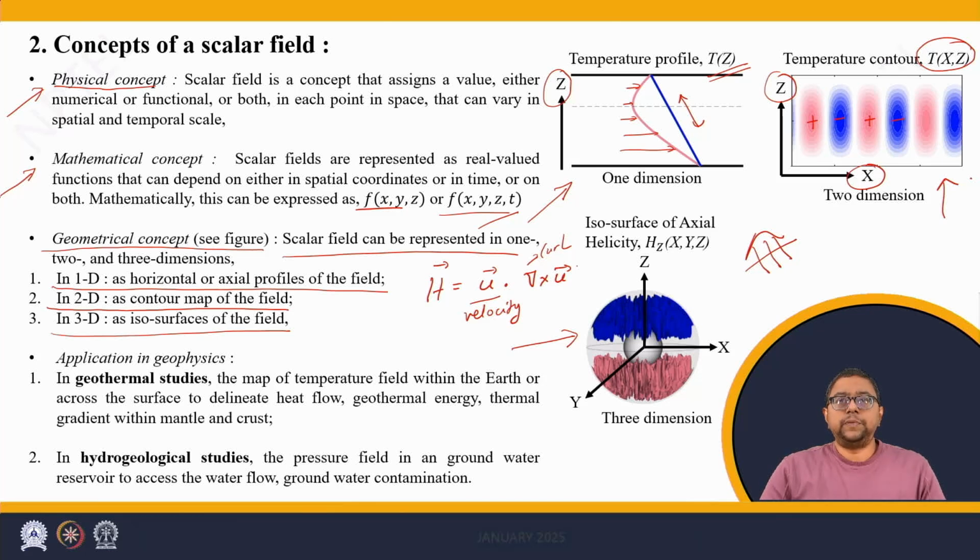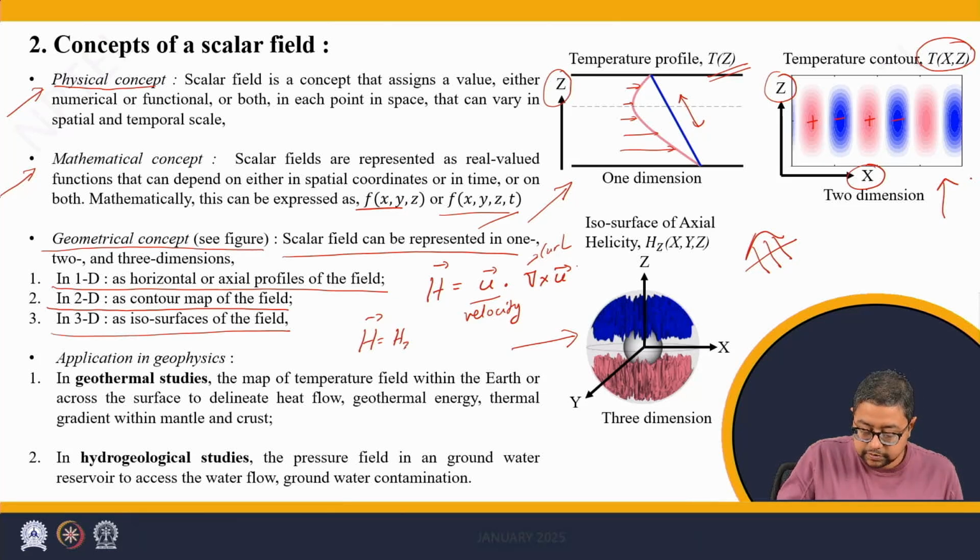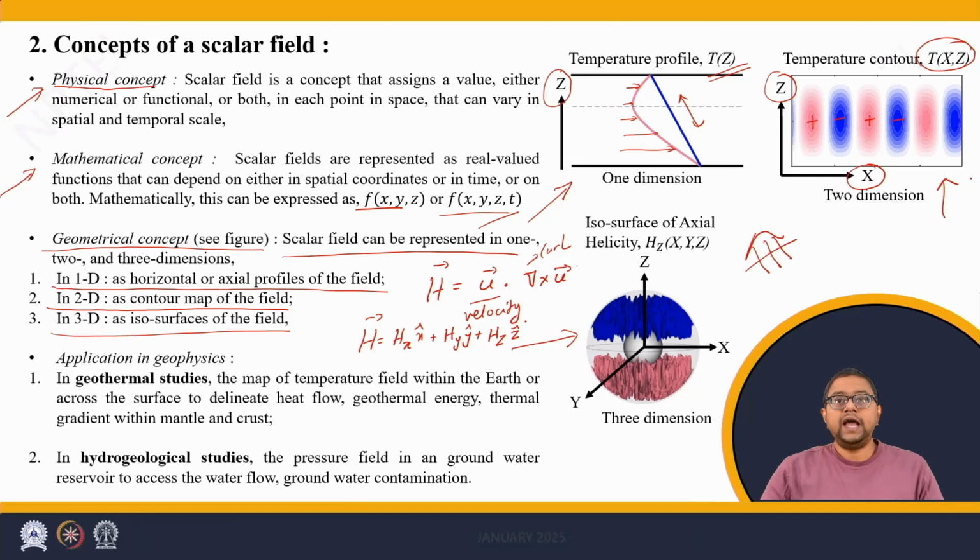The scalar product operation and the curl operation were discussed in previous lectures. H vector is the helicity vector and its z component is the axial helicity. We have chosen the z component Hz as the scalar field for plotting the three-dimensional isosurfaces in a spherical domain.